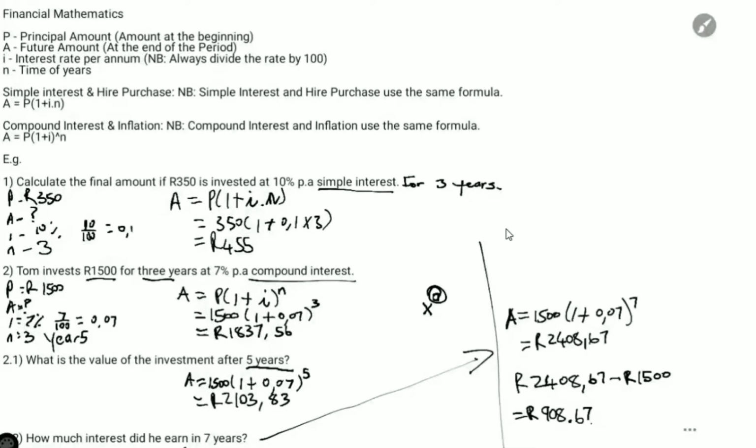So maybe we should give you an exercise. Let us say, give you one that has to do with simple interest, one that has to do with compound interest, and one that has to do with VAT.